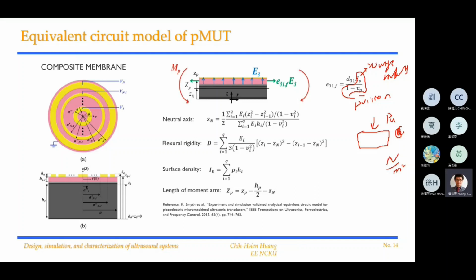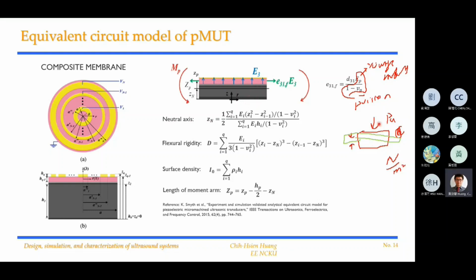Okay, but we want to convert the thickness displacement into the displacement on its length, right? Because we want to know how it extends, and how much it extends will convert to how much it can move our supporting layer, right?